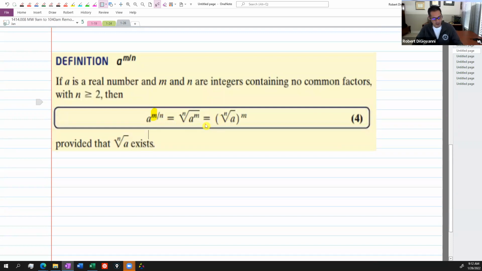So let me write an example down. Let's go 8 raised to the 2/3. According to this formula, the m is the 2 and the 3 is the n.